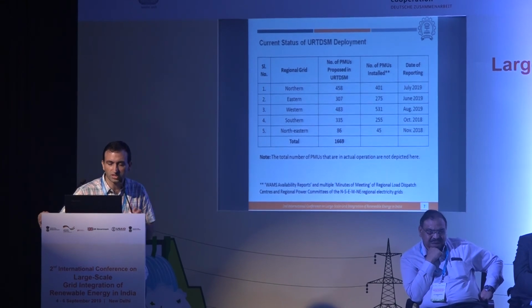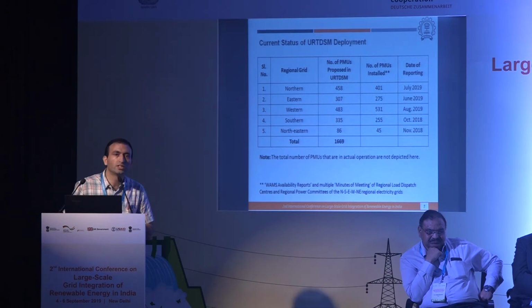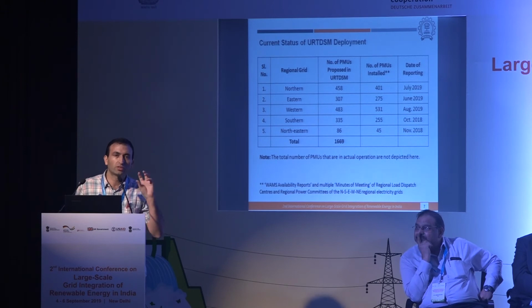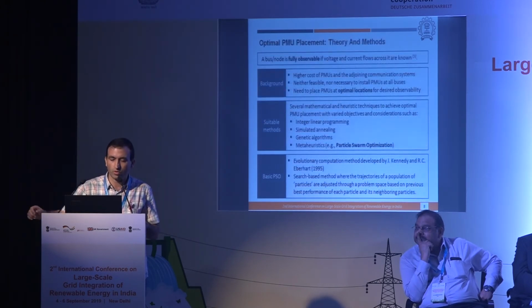The number of PMUs proposed is roughly 1670, a number are already installed, and the remaining are being done. So there are already a number of PMUs in place in the grid. Can we use those PMUs for performance monitoring?